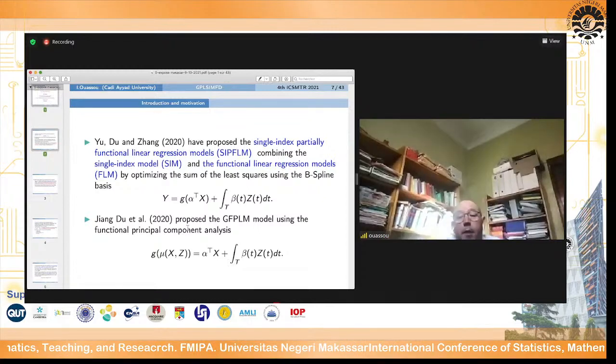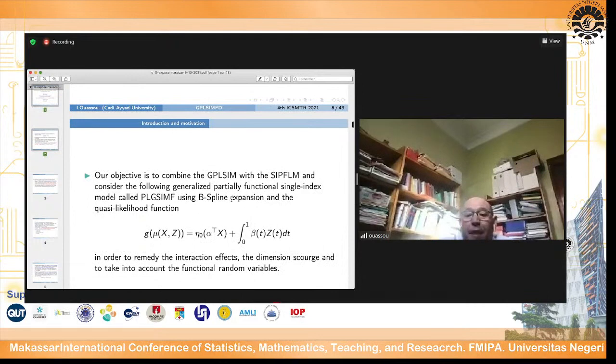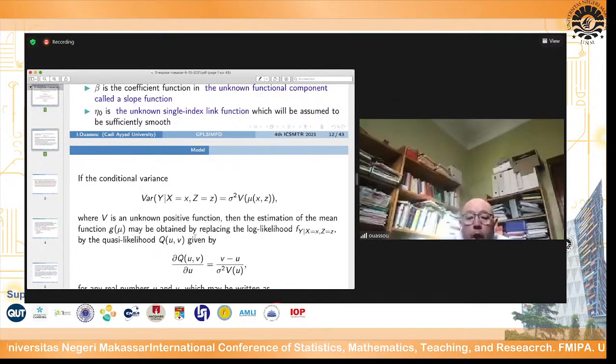Then the objective of our work is to combine the model general partial linear single index model and single index partial functional linear model, or combine two models, and consider the general partial functional index model using B-spline expansion and the quasi-likelihood Q given by this formula.